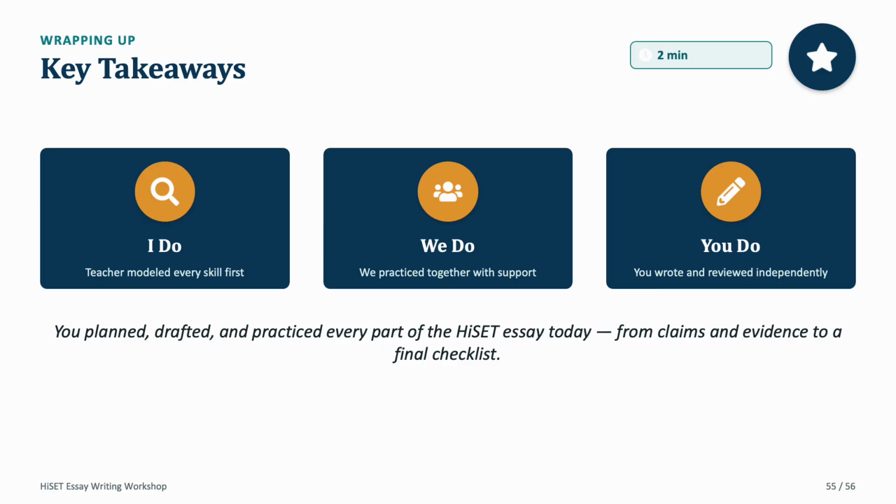Then we practiced finding claims and evidence, we built an organizer, we developed a thesis, and we wrote a body paragraph together. Finally, you selected a prompt and wrote independently. You revised, you reviewed another student's writing, and you used a checklist.